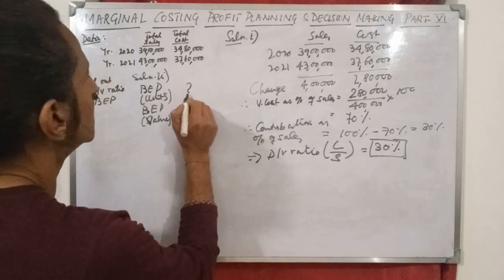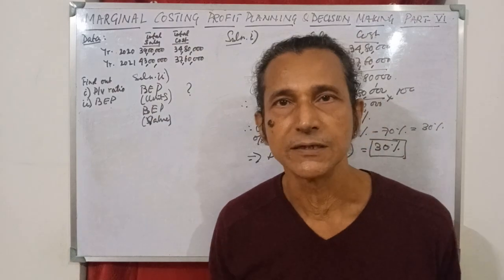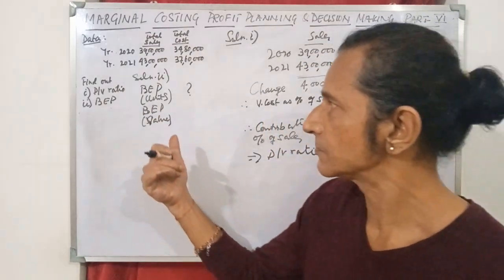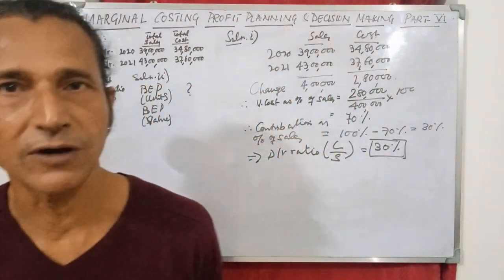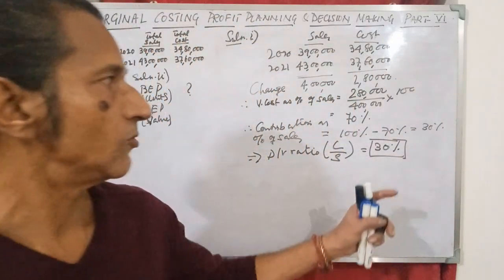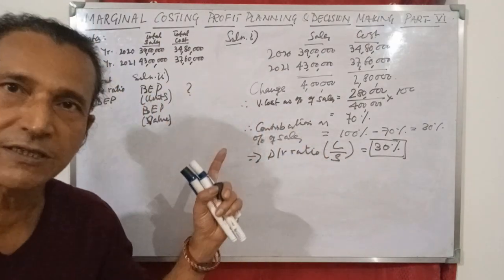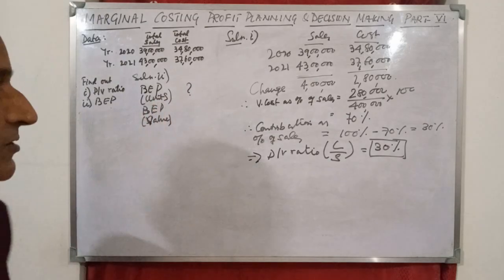So BEP in terms of units cannot be computed due to paucity of data. But we can find out BEP in terms of sales value or dollar value because we know the PV ratio, and although fixed cost is not directly given in this data, we have to find out the fixed cost.